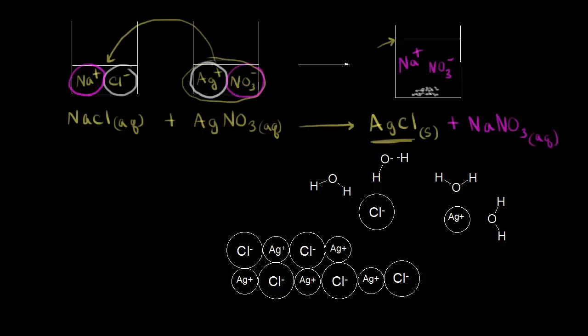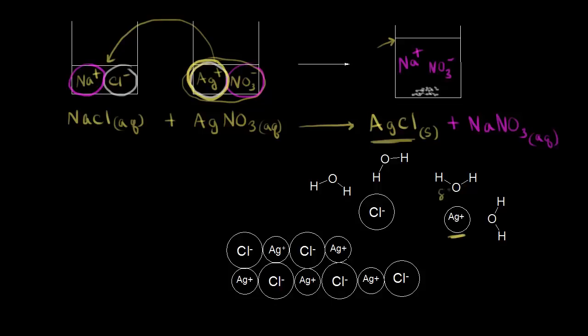Let's look in more detail about what's happening with the formation of our precipitate. Right, we know that we had silver cations in solution, right? So here's our silver cation over here, and we know that this ion is being surrounded by water molecules in the process of hydration, right?